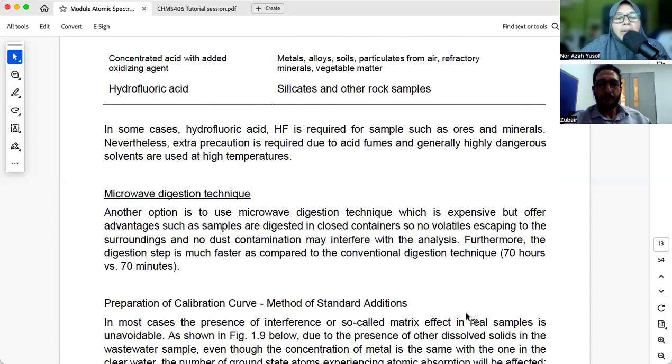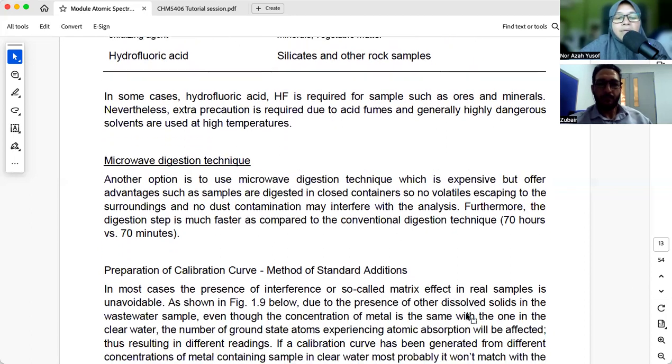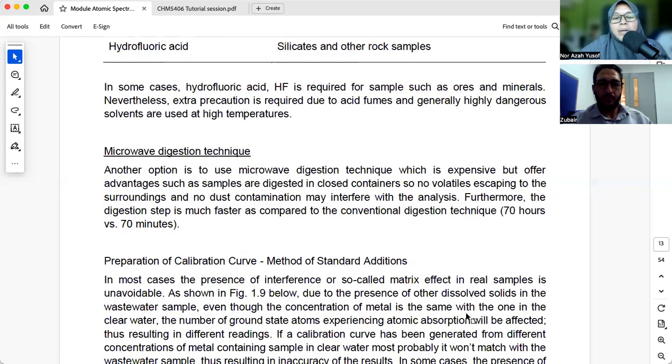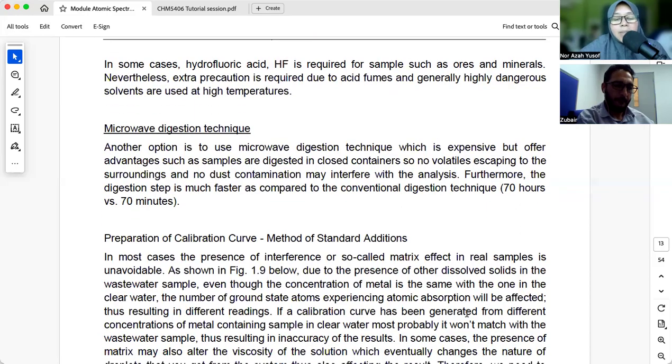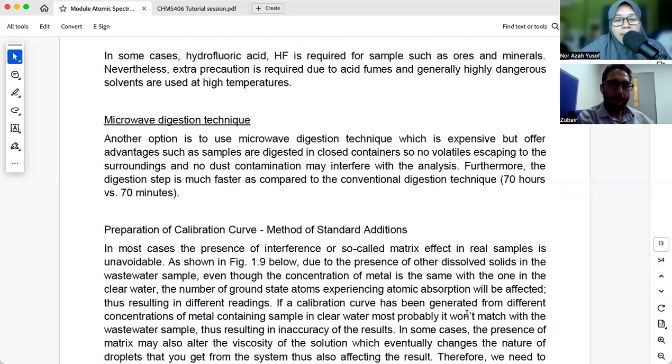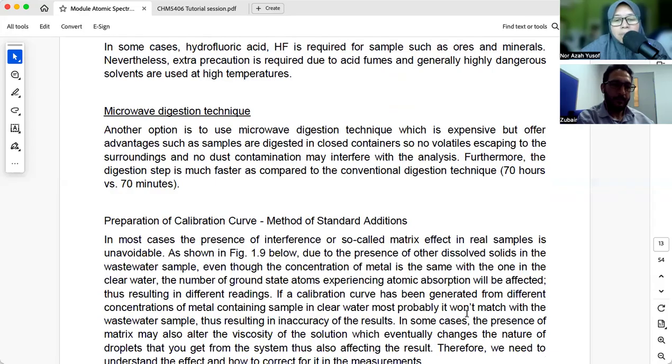All right. And next is to have a calibration curve by preparing standard solutions. This is one of the best, what we call the standard addition method.